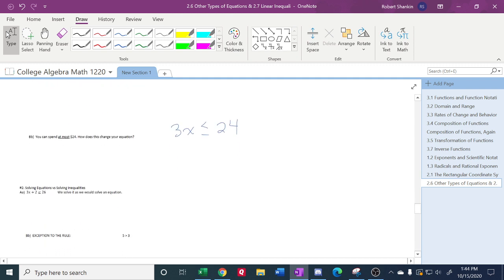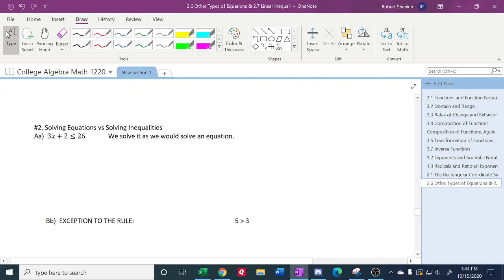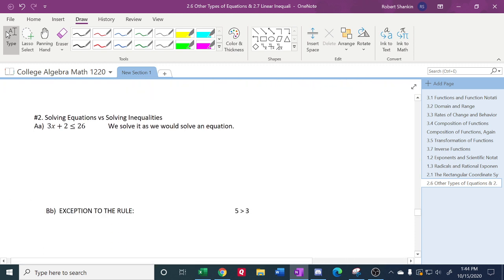All right. So now let's go to solving equations versus solving inequalities. We solve inequalities just like we would solve an equation. So I would do exactly the same way I would solve an equation. Divide by 3. X is less than or equal to 8.